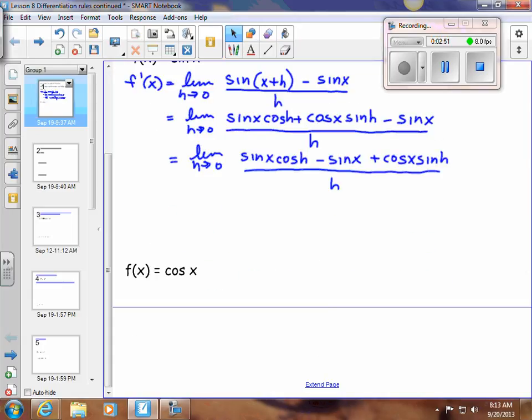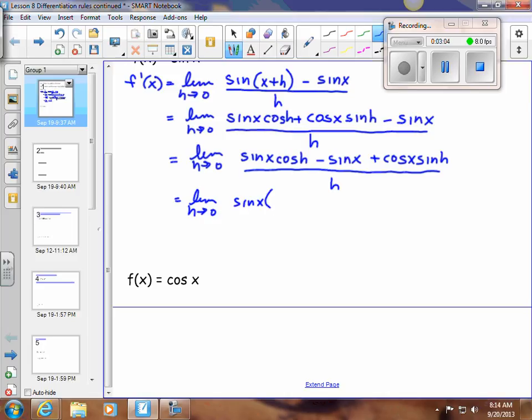Notice that those first two terms have sine of x in common, so I can factor out the sine of x, which will leave cosine h minus 1.